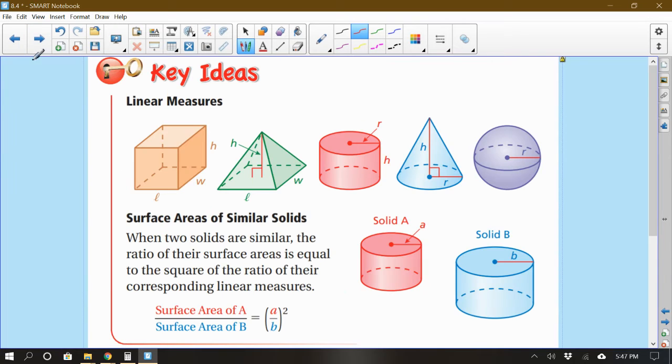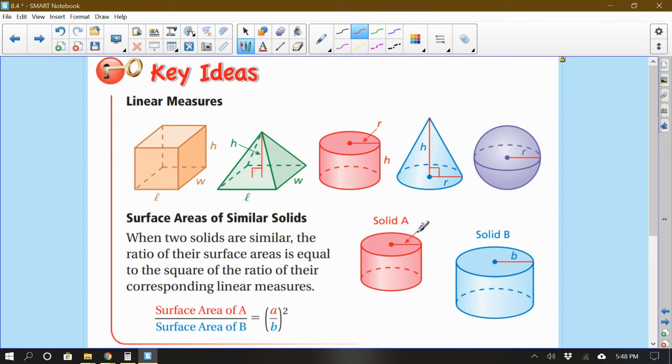Let's see what we have next. So now we have a new formula here. When we're dealing with the surface area of similar solids, okay, when two solids are similar, and here's several examples of solids, the ratio of their surface areas, so you make a ratio of one surface area over the other, is equal to the square, so we're raising to the second power, of the ratio of their corresponding linear measurements.